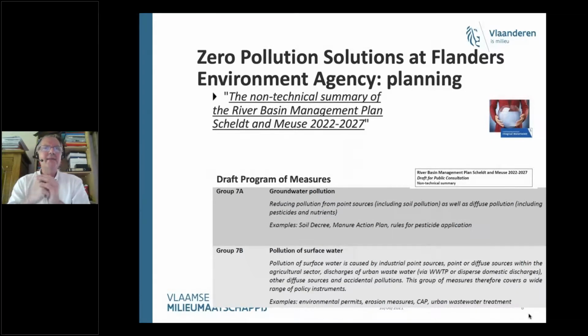And there are some types of measures in group 7 which are really dedicated to preventing the further spreading of pollutants and contaminants in our water system. I just remark that we have very good insight in parameters, for example nitrogen and phosphate, but much less insight in, for example, the chemical hazardous substances in our river systems.